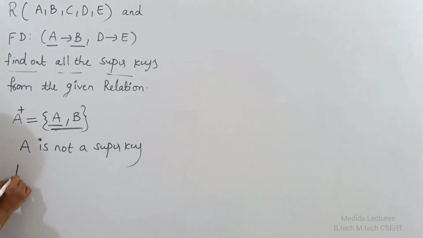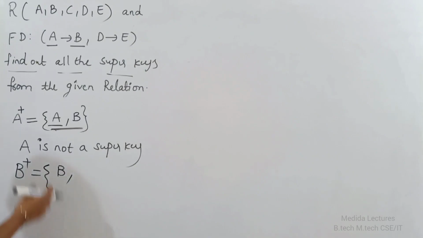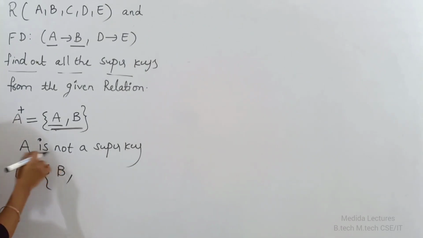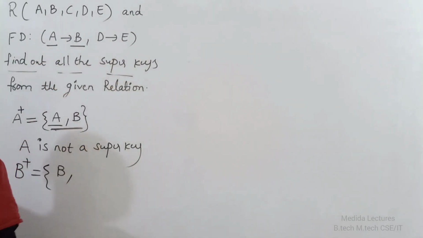Next, find B closure and check whether it is a super key or not. B closure: B itself determines B, because of the reflexive rule. Can I add any attribute to the B closure? No, I cannot, because from B there is no functional dependency.